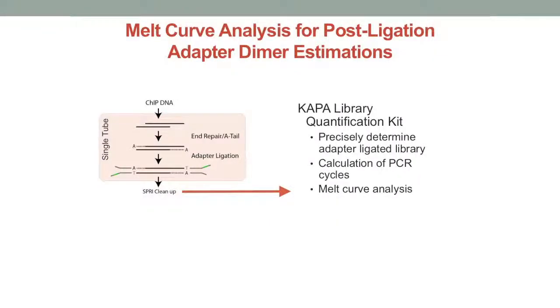Some of the QC metrics that we do, as Ben alluded to, is that post-ligation, we use the KAPA Library Quant kit to determine exactly how much adapter-ligated material we have. This allows us to empirically determine the number of PCR cycles, so you minimize bias due to PCR. Importantly, it allows us to perform a melt curve analysis, which is diagnostic for how much adapter dimer you have post-ligation.